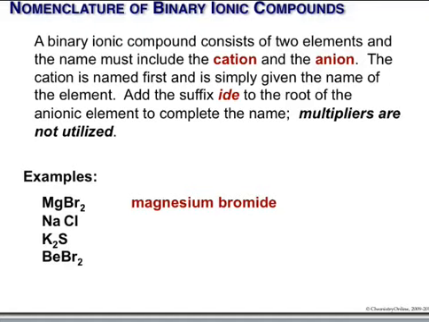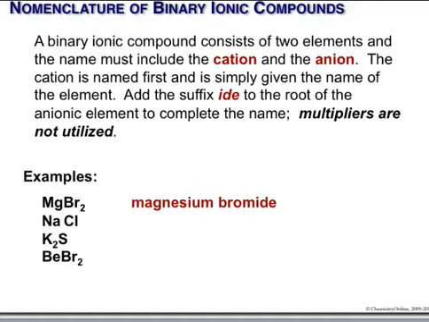But if I gave it to you backwards, if I said draw the structure of magnesium bromide, well, you don't have a multiplier to tell you how many bromides, do you? So you have to look at it and say, all right, I can do this. It's always important. Magnesium is going to be +2. This is going to be -1.